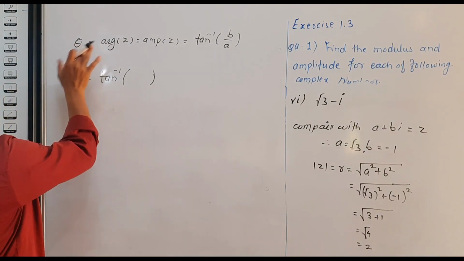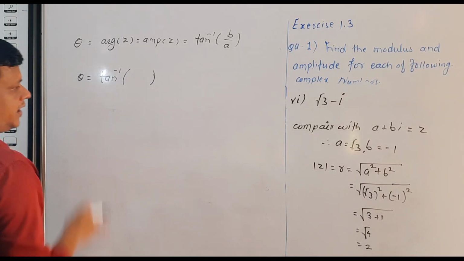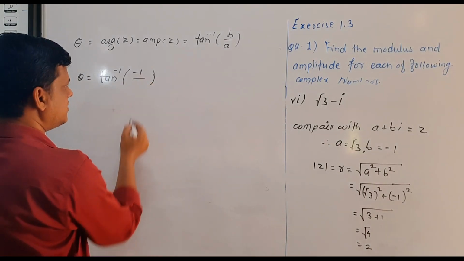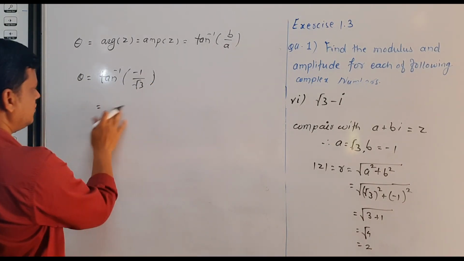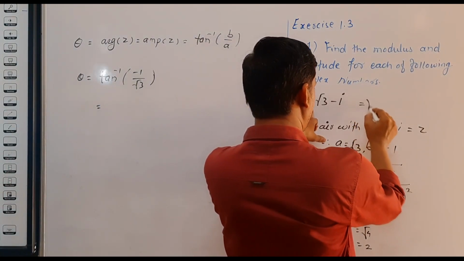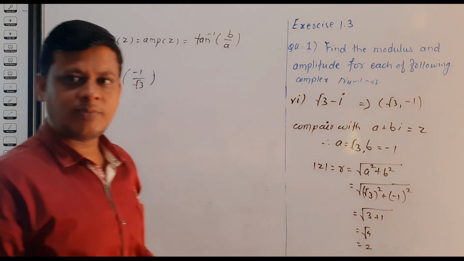Now the argument of z, that is the amplitude of z, equals tan inverse b by a. So theta is equal to tan inverse, the value of b is minus 1, the value of a is root 3. Now check the point. So from this we write the point as root 3, minus 1. So the sign is plus, minus.